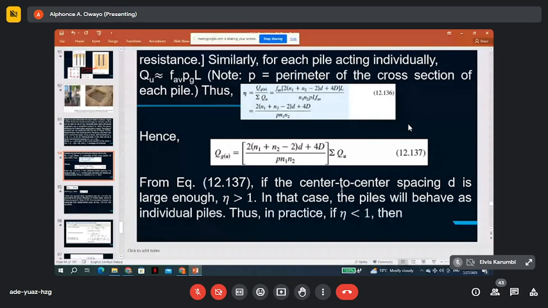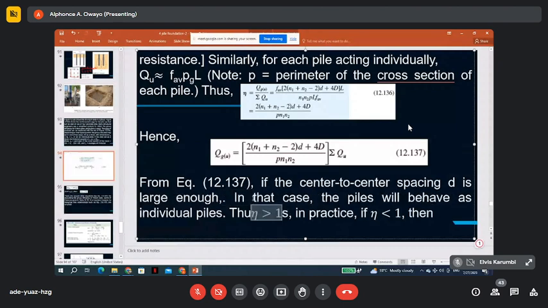There is also something interesting here. If the center to center spacing D is large enough, it's possible the efficiency can be greater than 1. That's very interesting. In this case, the piles will behave as individual piles.